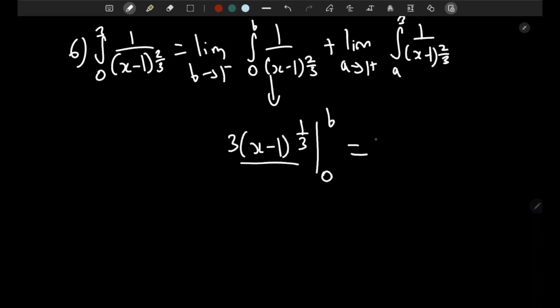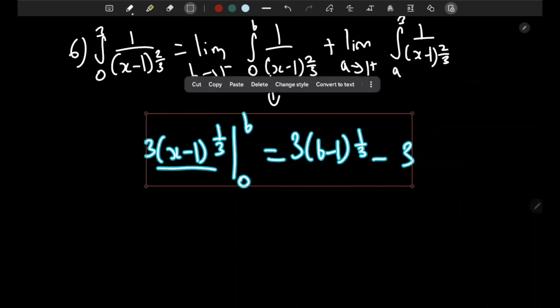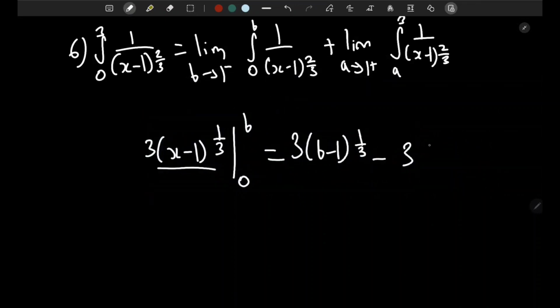Now we can include the limits, 0 and b, and plug them in. So it's going to be 3 into (b minus 1) to the power of 1 over 3, minus, in brackets, 3 into (0 minus 1) to the power of 1 over 3.